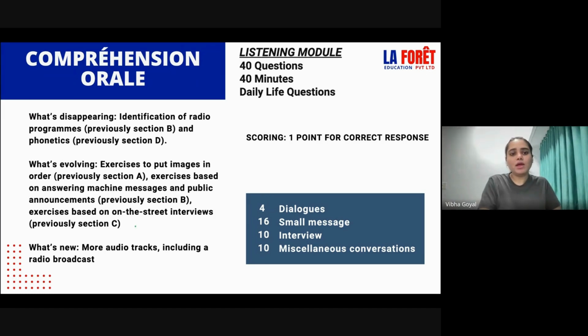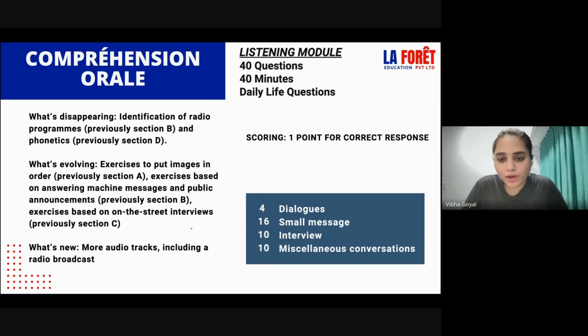What's new is more audio tracks, and there would be a radio broadcast. What more audio tracks means is that for one audio, there would be fewer questions. For example, one audio is playing, there could be 6 questions related to it.